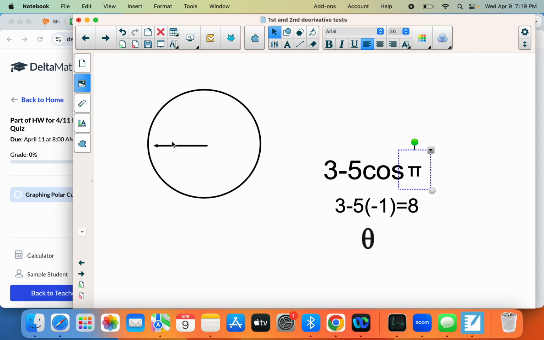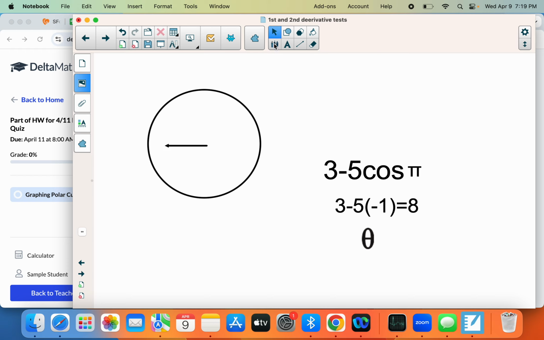That means I started here, rotated pi, and now, look at my arrow, I'm pointing in that direction, and I see how far to walk.